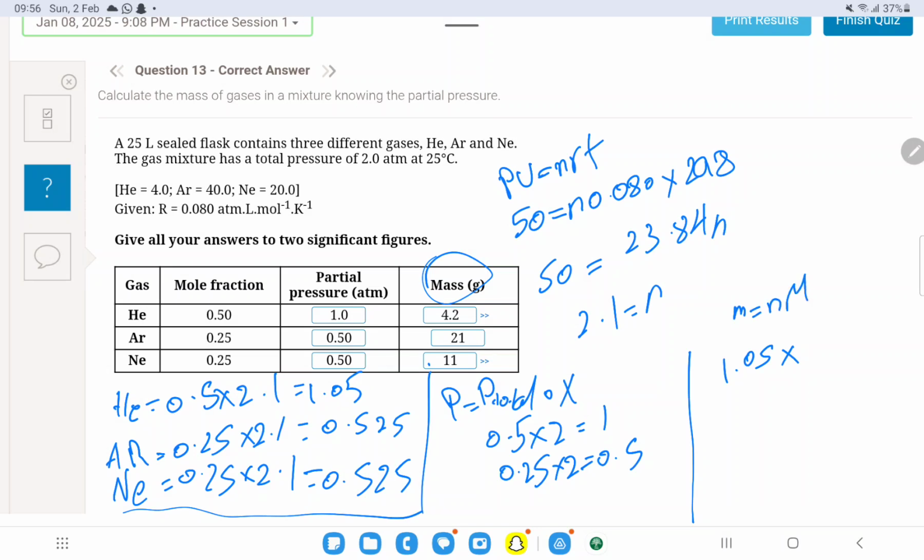So 1.05 times, for helium, 4, you get 4.2. Then 0.5 times argon, which is 40, equals 20.